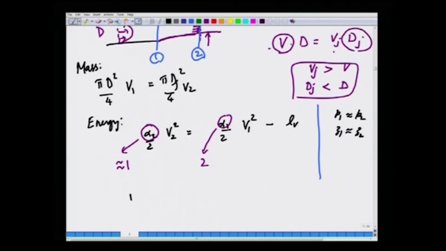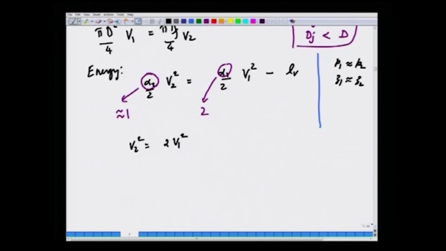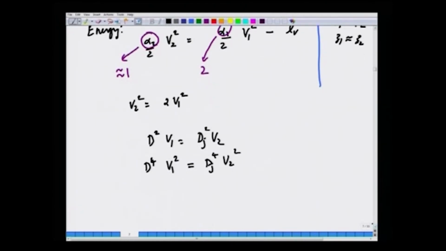So, V2 squared is simply 2 V1 squared, that is one relation that we get, and therefore, if we substitute this in the continuity equation, we get d squared times V1 is dj squared times V2. So, if I square this equation, d to the 4 times V1 squared is dj to the 4 times V2 squared, but V2 squared is simply 2 V1 squared, so dj to the 4 times 2 V1 squared, V1 cancels off.